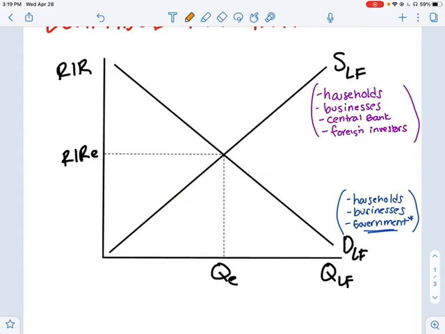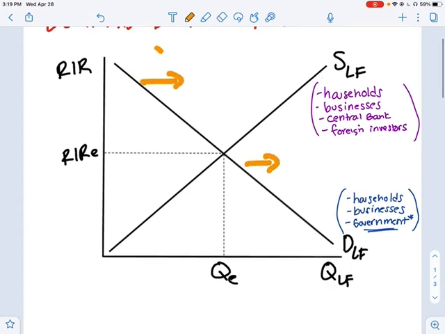The demand for loanable funds will come when households, businesses, or the government is demanding more money in order to afford whatever it is they want to buy. So when you see something in the newspaper or in the media that says, household borrowing higher than ever, you can see, oh, that means that we are shifting the demand for loanable funds to the right.